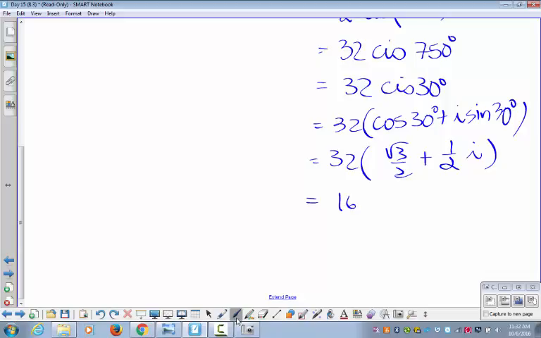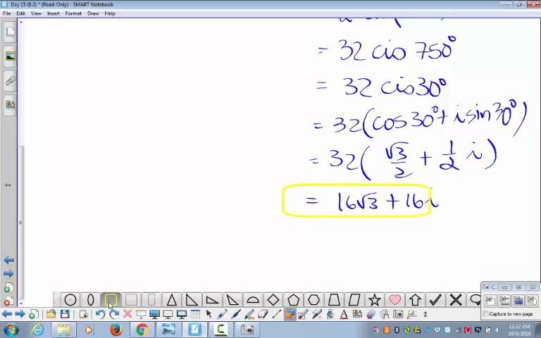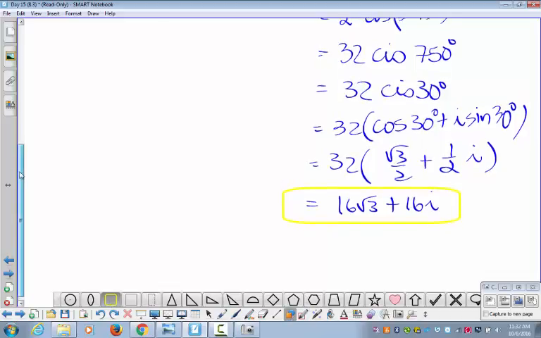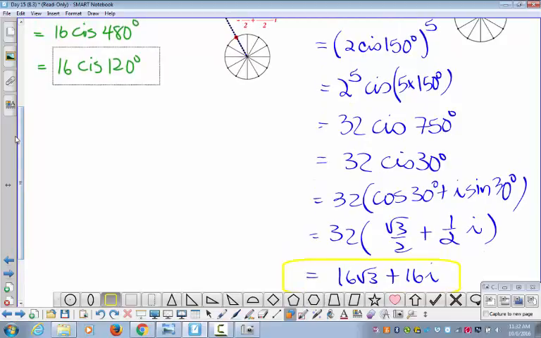So our final answer is 16 root 3 plus 16i. That's where we end up if we take that complex number and raise it to the 5th power. That's a lot simpler than foiling 5 times. Much simpler.